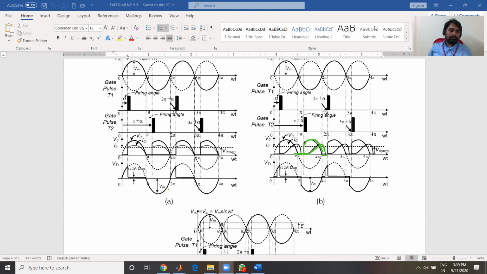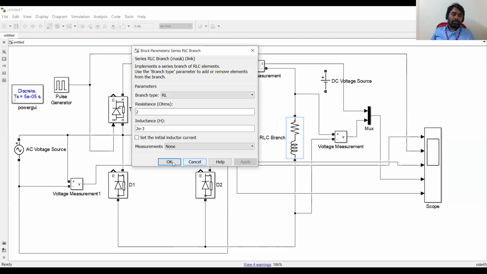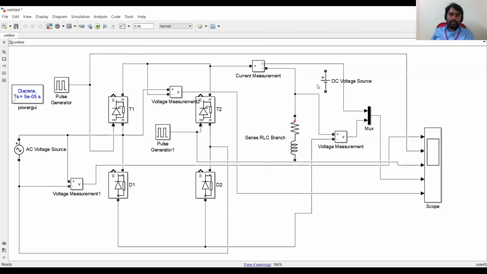Now I will move on to the same rectifier, half control rectifier with RLE load. Now I want to make this inductance 2 millihenry to see the negative peak in a better way.